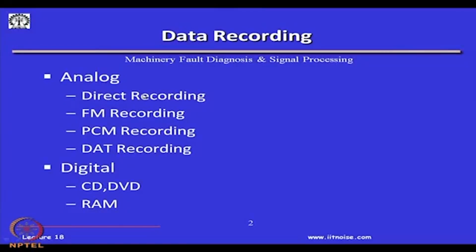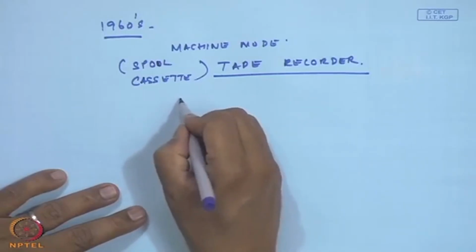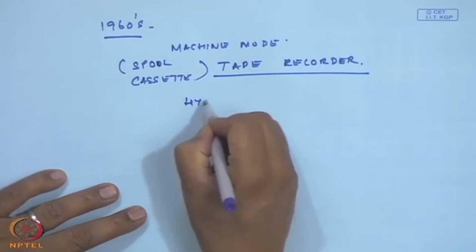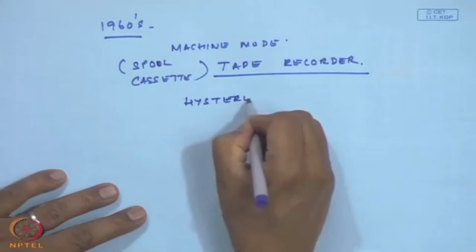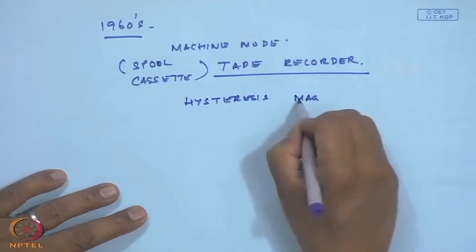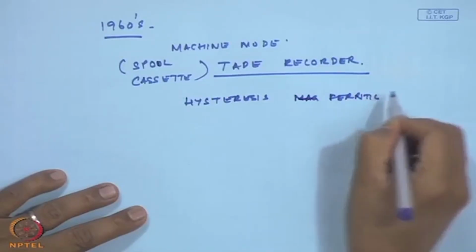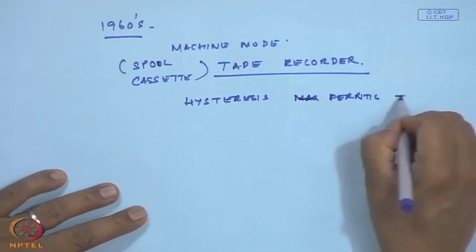What happens in the analog recording? We used to have the direct recording method, wherein on a cassette or a tape recorder or a spool type tape recorder, the data was stored because of the hysteresis in the ferritic tape.